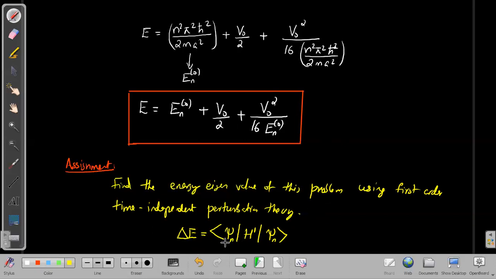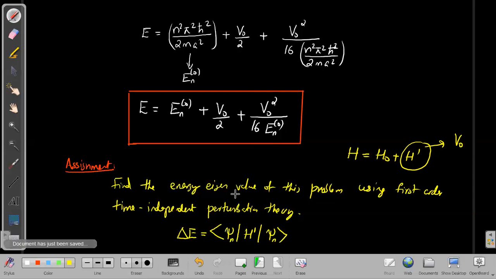Okay, so the original system can be considered as a free particle in a box, and therefore the total Hamiltonian is H0 plus H prime. This H prime is nothing but V0 between 0 to a by 2. So this you can do it yourself, and that is your next assignment on WKB approximation.